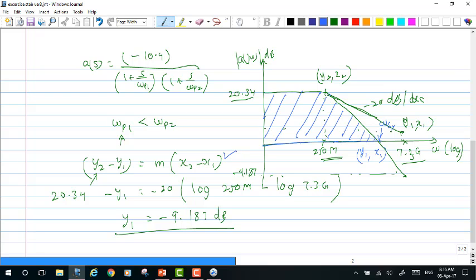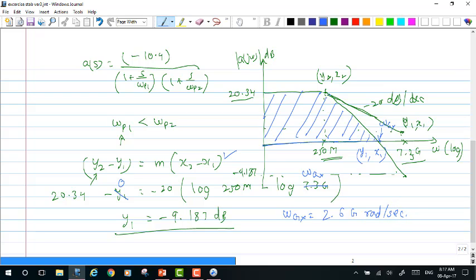The only exception is that y1 is now replaced with a value of 0 dB, and x1 is an unknown, which we can write as omega or log of omega gx. So when we do all of the manipulation, one would end up having a value of omega gx that is equal to 2.6 giga radians per second.